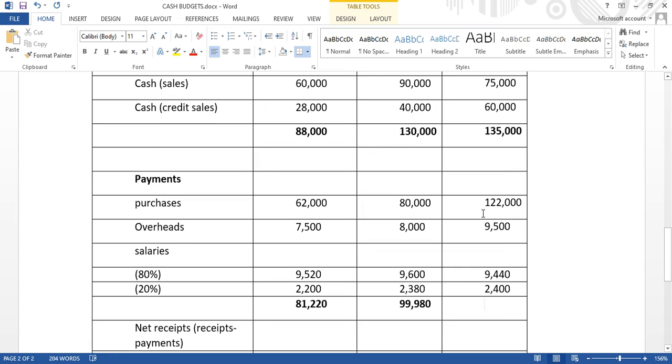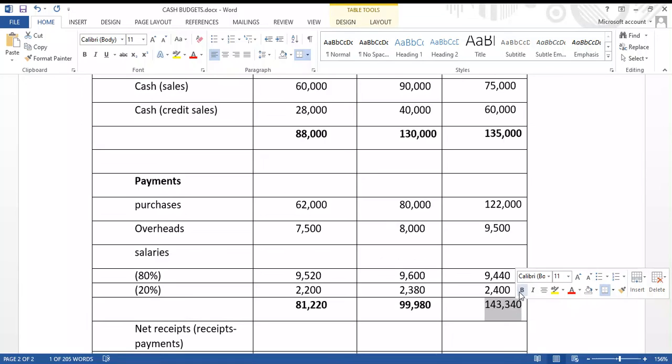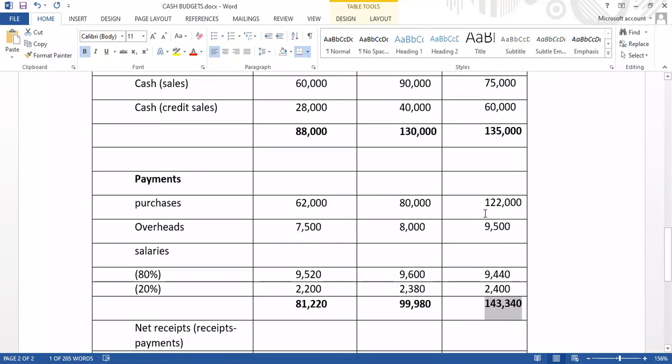Then payments for June, we'll say 122,000 plus 9,500 plus 9,440 plus 2,400. We get 143,340.